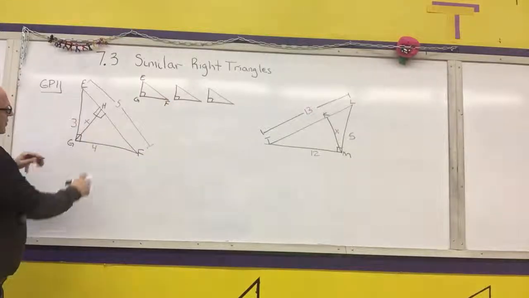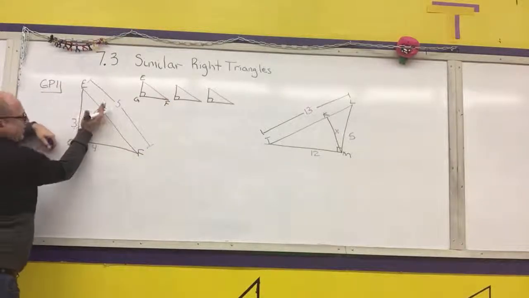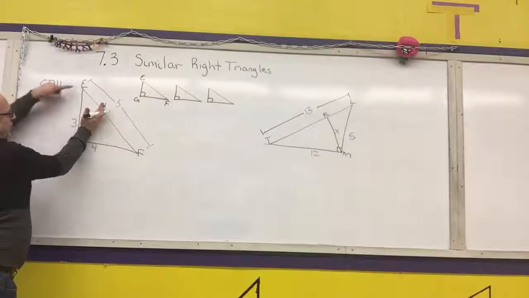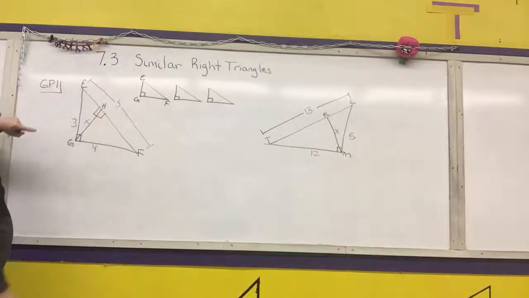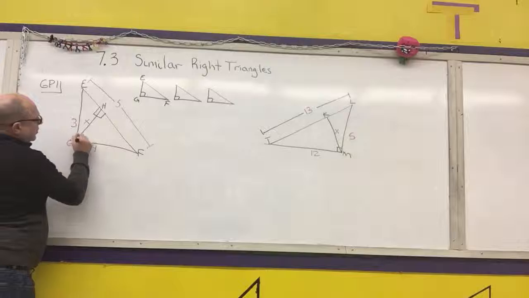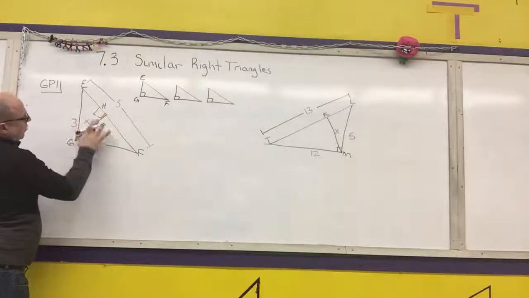Okay, so that's the big triangle. Now let's look at this triangle. The hypotenuse is EG. The short side, let me try to draw this more perpendicular.